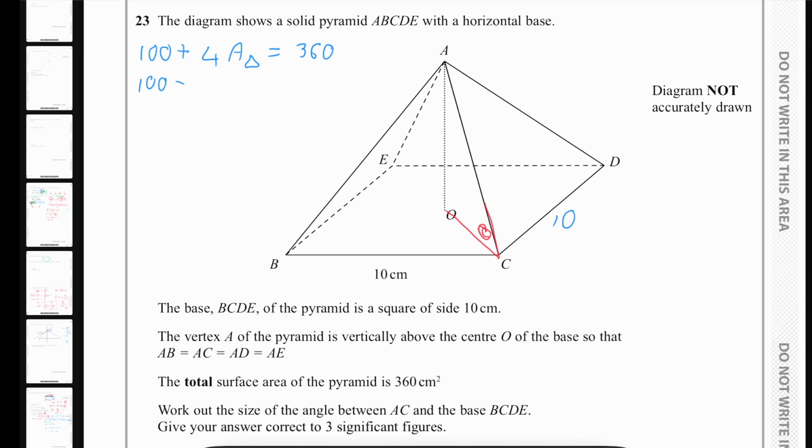We're plugging in a little bit more information. 4 times a half. My base of that triangle is 10, and the height we actually don't know, so I'm just going to leave that as x.